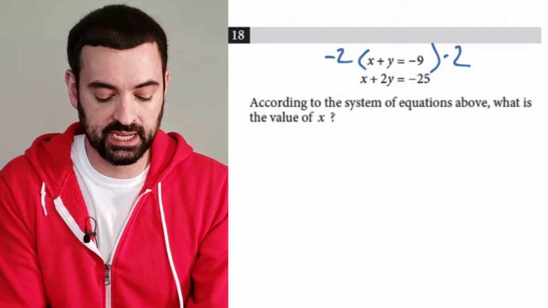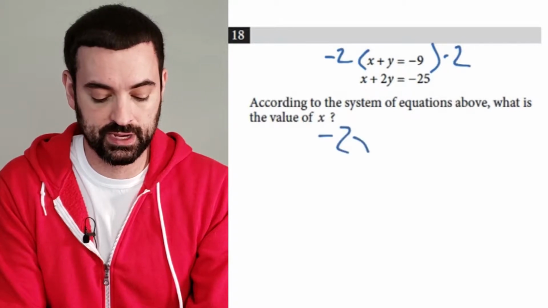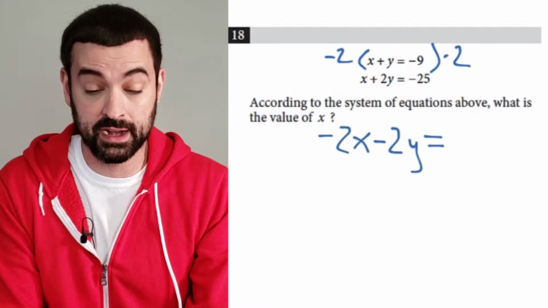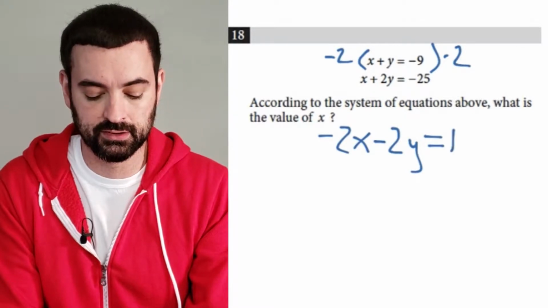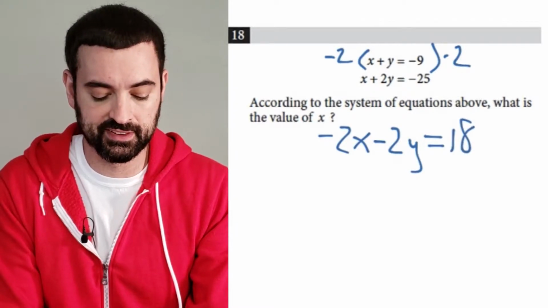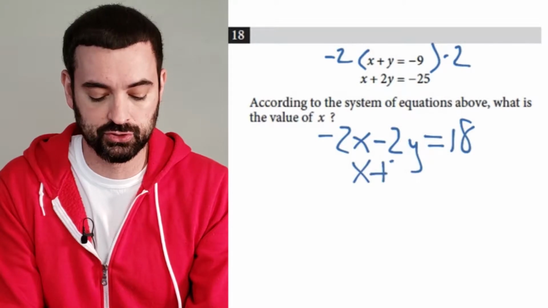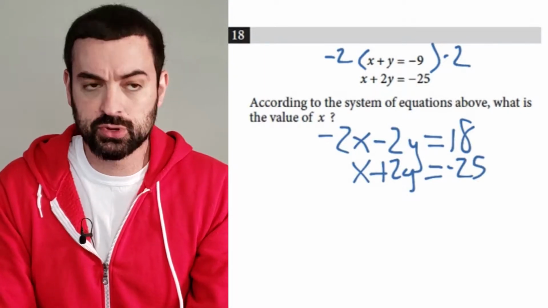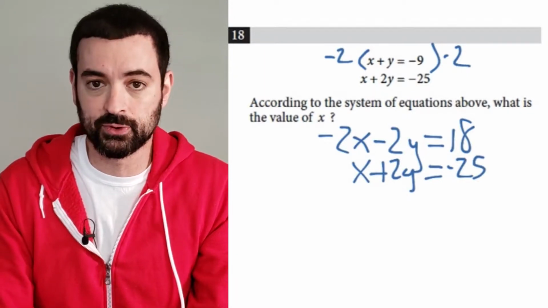And that's going to give me negative 2x minus 2y equals positive 18. And then I've still got x plus 2y equals negative 25.